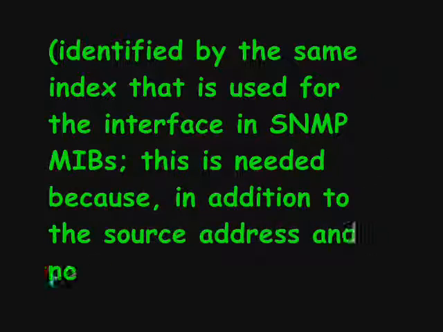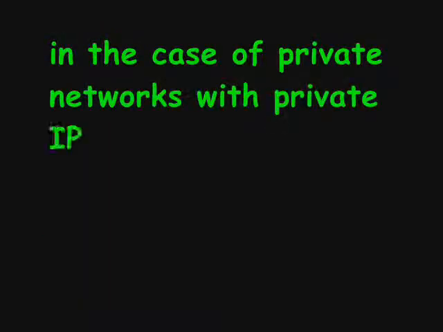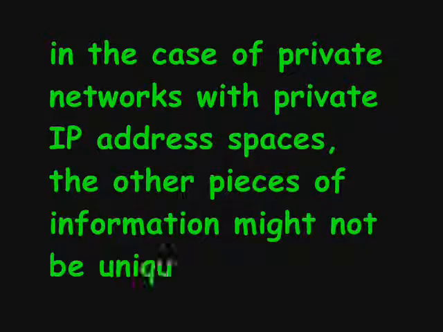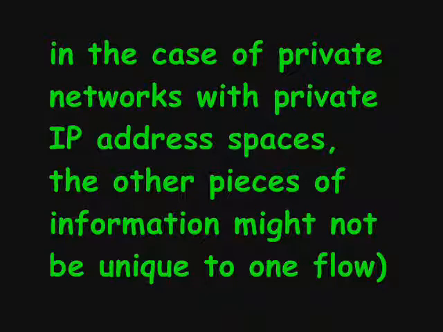This is needed because, in addition to the source address and port, in the case of private networks with private IP address spaces, the other pieces of information might not be unique to one flow.